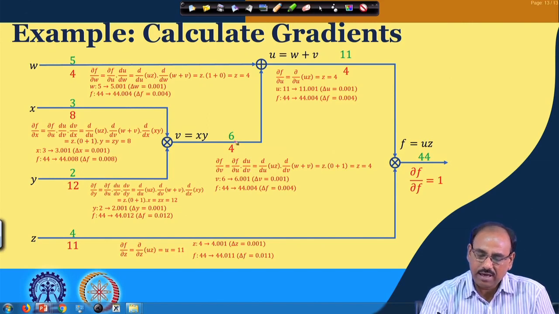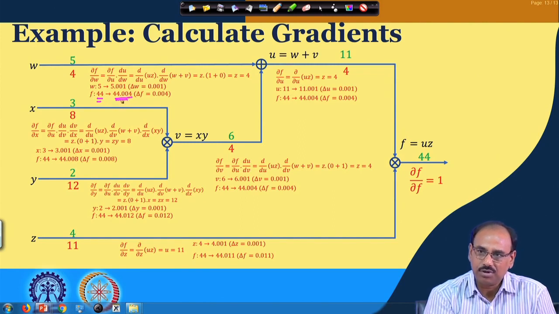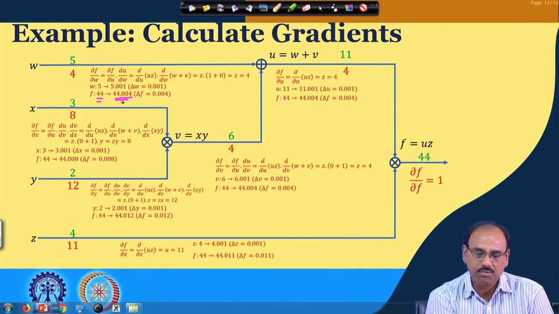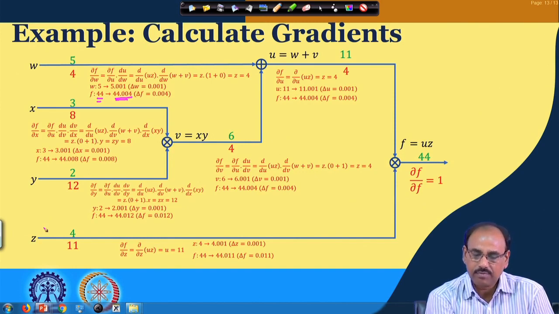Initially the value of F was 44, now F has increased to 44.004. That says that by whichever amount we have incremented W, F has been incremented by 4 times of that. That means if I want to reduce F by varying W, then W has to be decremented. And the same thing becomes true with all X, Y, and Z.